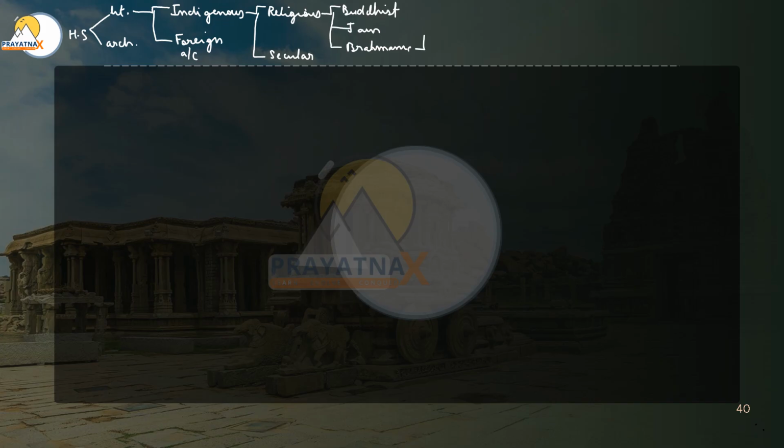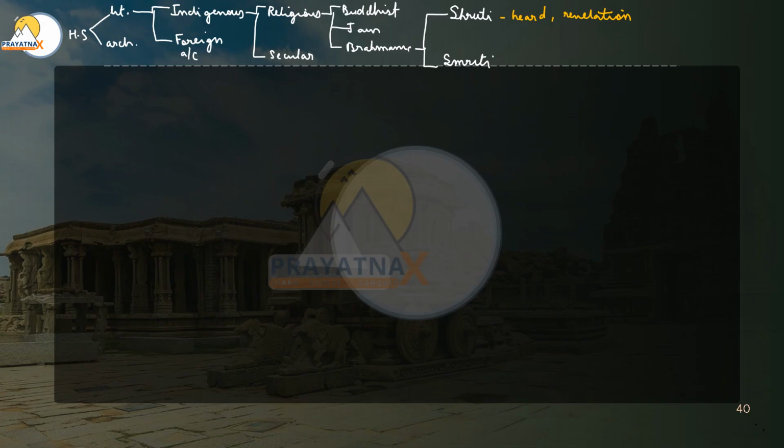Now, the Brahmanic texts were divided into Shruti and Smriti. Now, Shruti meant something which was heard. Now, it was a revelation, which meant that it was of non-human origin, it was divine and eternal.